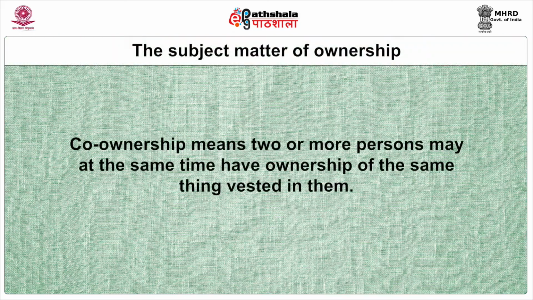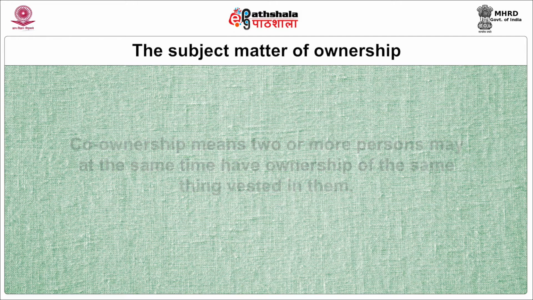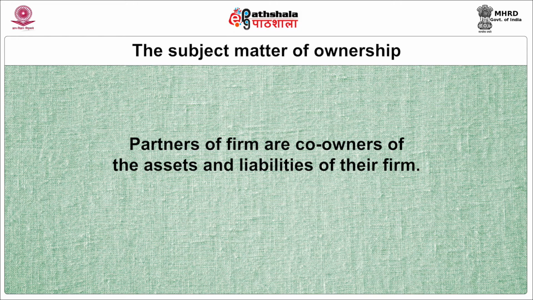This takes us to discussion on different types of ownership, such as sole ownership and co-ownership. Co-ownership means two or more persons may at the same time have ownership of the same thing vested in them. Partners of firms are co-owners of the assets and liabilities of their firm.